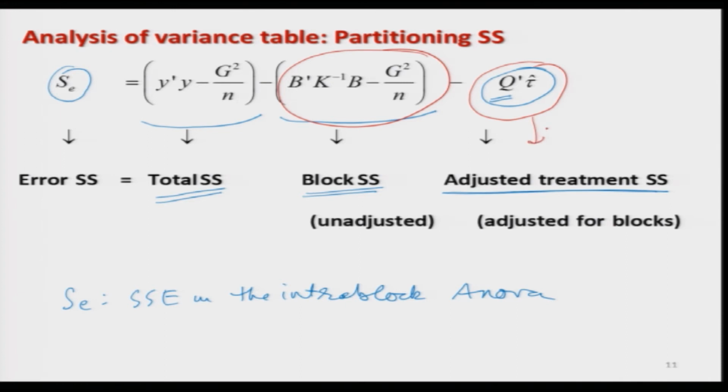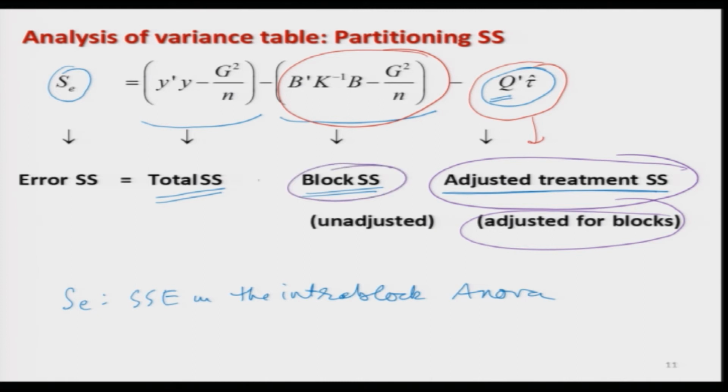is based on the adjusted treatment totals. So, this is called the adjusted treatment sum of squares. And why is this adjusted? It is adjusted for the blocks. Now, once you are calling this treatment sum of square adjusted, then obviously, when you consider the block sum of square, you have not made any adjustment.